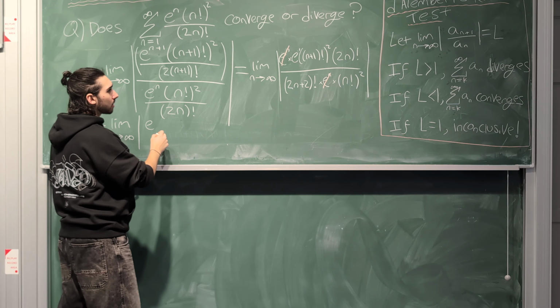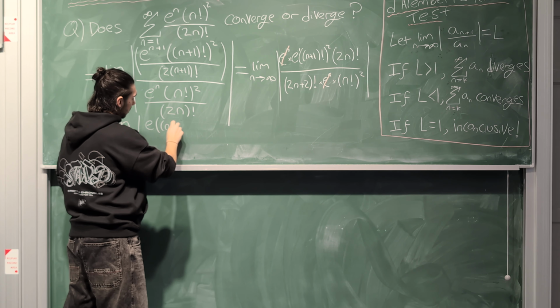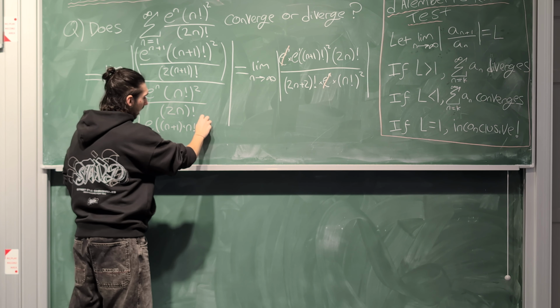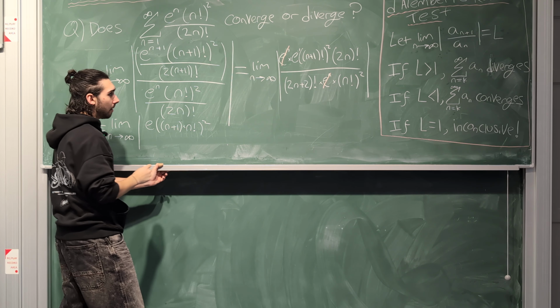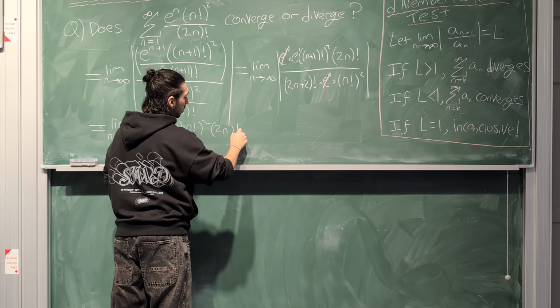Okay, so very similar to in the last video again. So I'm going to go n plus 1 times n factorial, and then that's getting squared. Okay, so that's this term here. We're going to come back to that. And then we still have 2n factorial, just chilling out there.